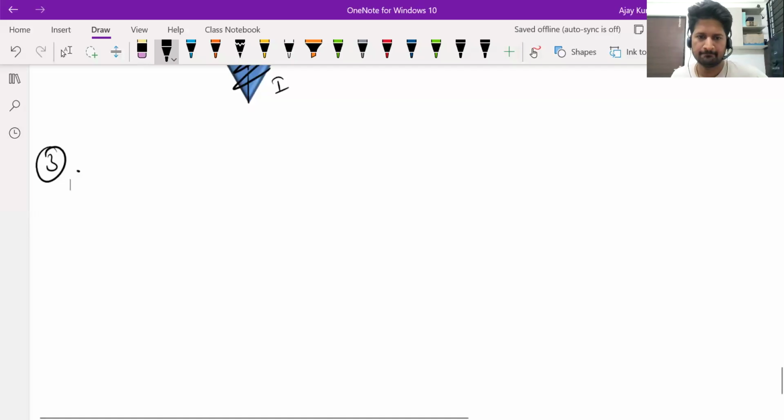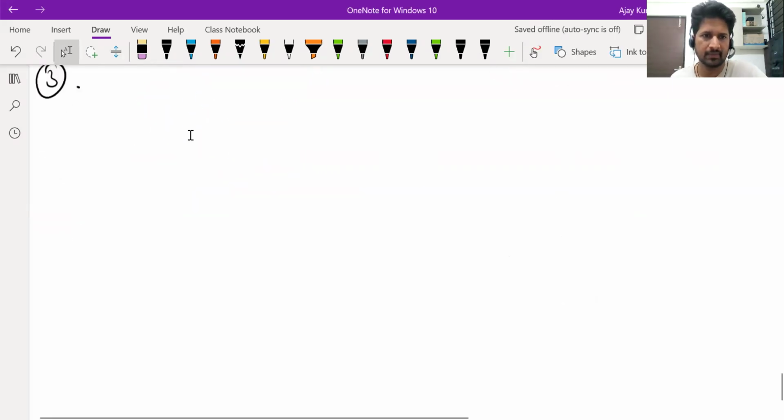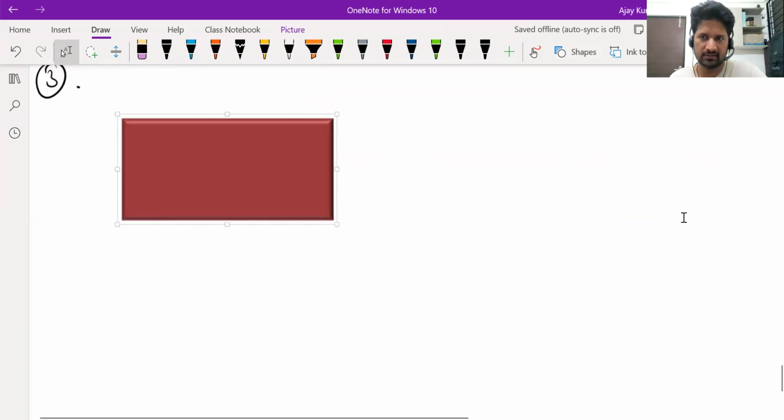Suppose there is a rectangular plate. Okay, you just think about this solution. I'll just get the diagram for the next one. Suppose there's a rectangular plate like this.